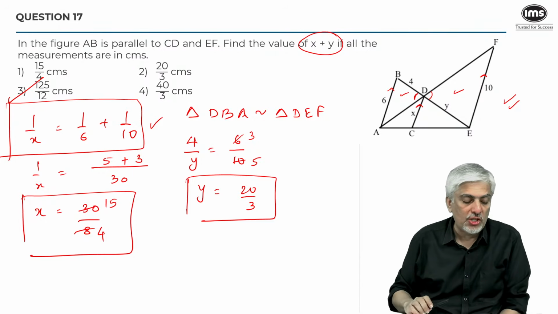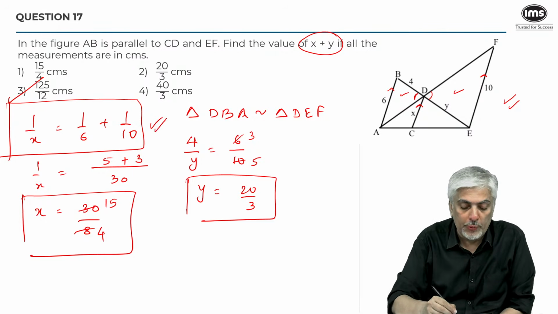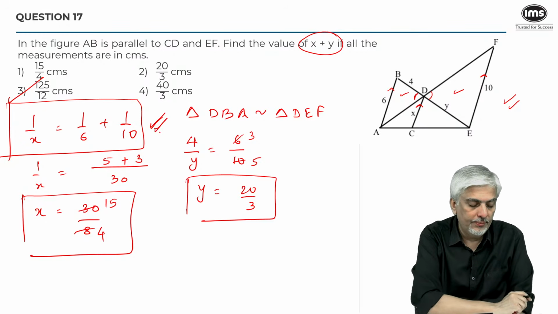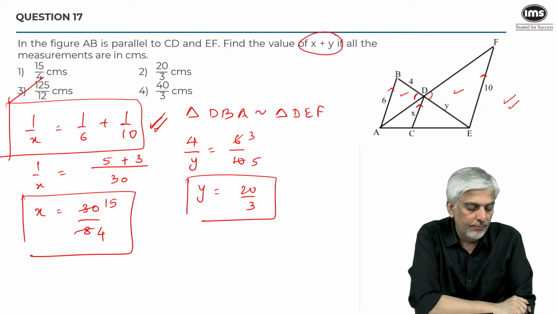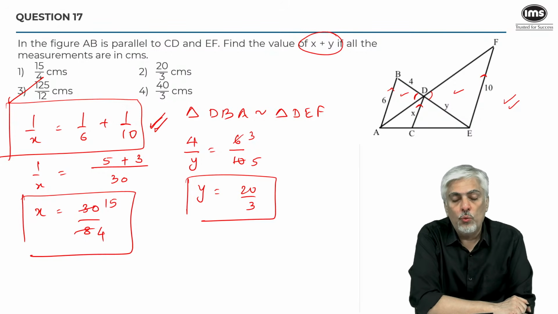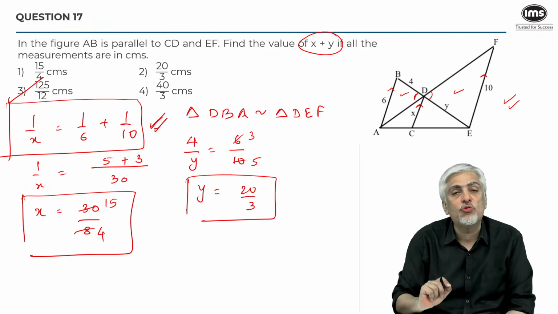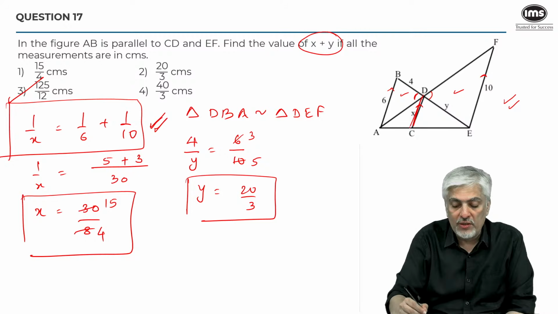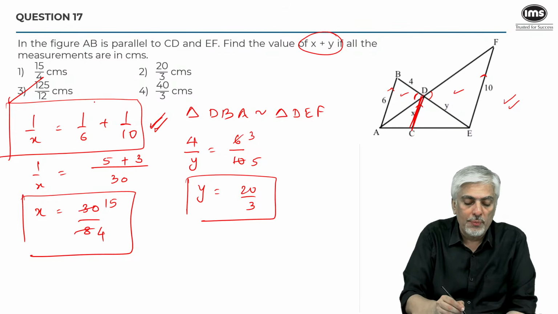In the first question of the session today, I gave this property. Okay, I'm going to explain this property one more time. Whenever you have three parallel lines in this format, there's a property where you can find x directly by this formula.